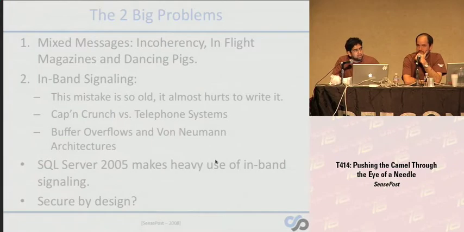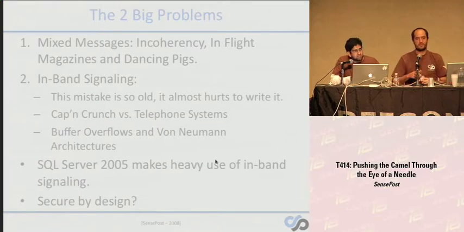Okay, in-band signaling's been biting us for such a long time that it's really painful to say it, not just because of my throat. When Captain Crunch started attacking phone systems in the old days, the reason he was able to do what he did was because the same channel was being used to send commands and data.